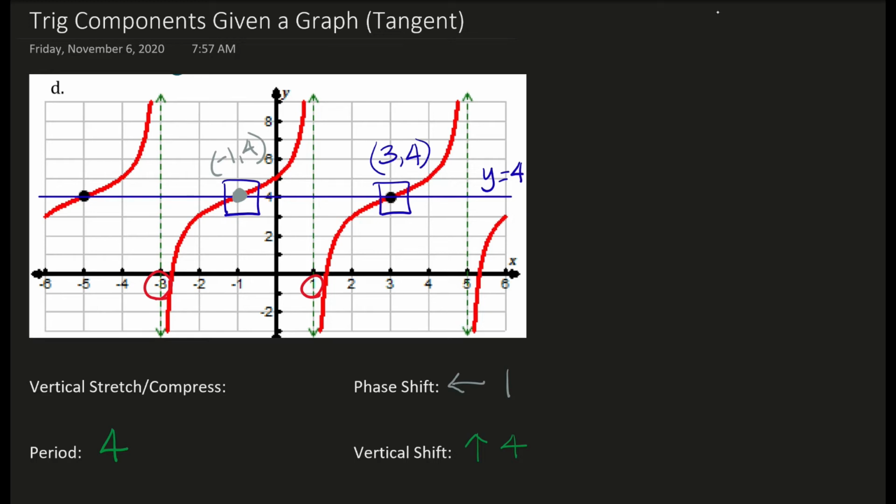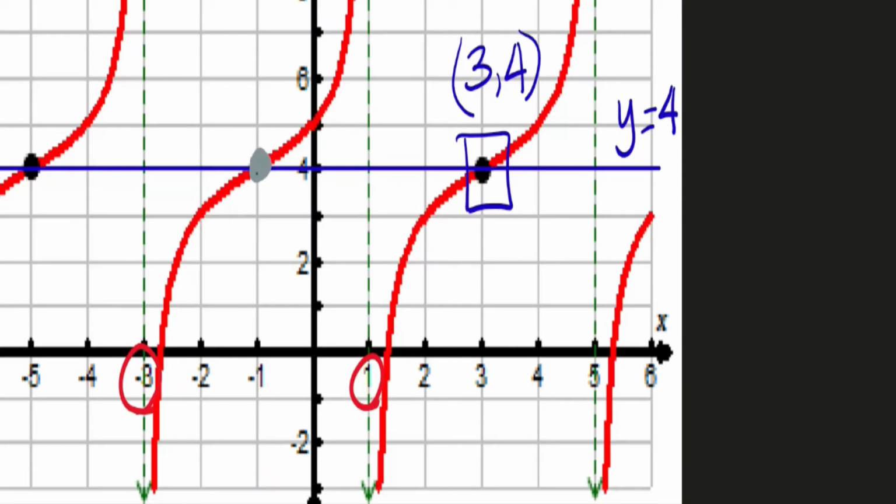The vertical stretch and compress factor can take a little getting used to. So what you have to do is first find the distance from your inflection point to your asymptote. So this is a distance of 2. If we go half that, so half of 2 is 1, I'm going to start at the inflection point.